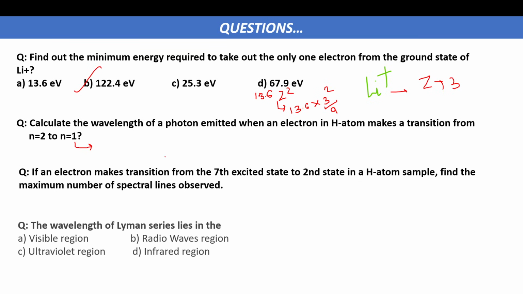We know the Rydberg formula, that is 1 by wavelength is equal to R into 1 upon n1 square minus 1 upon n2 square.